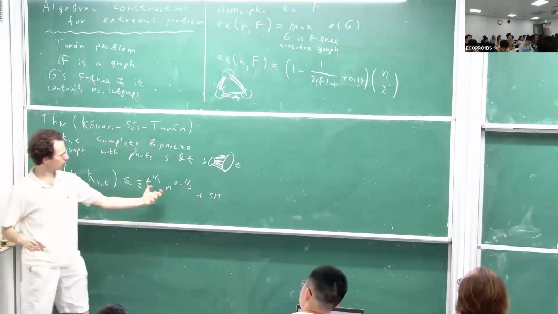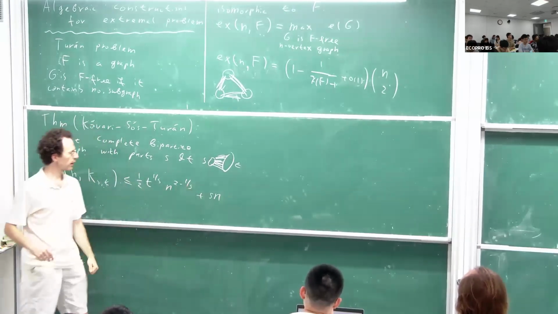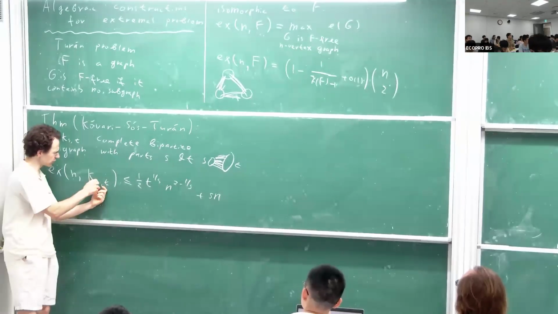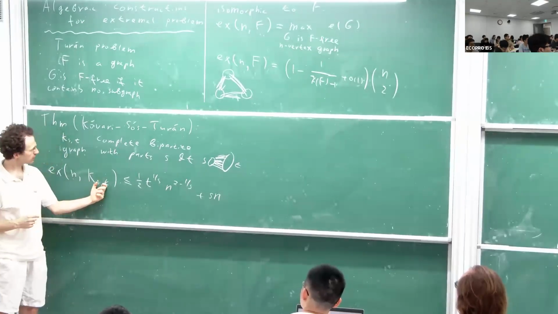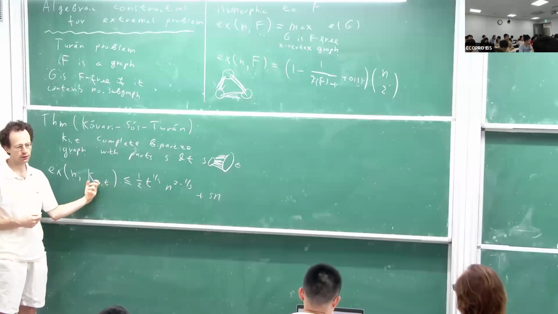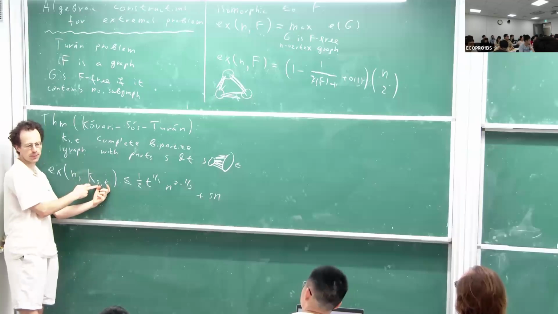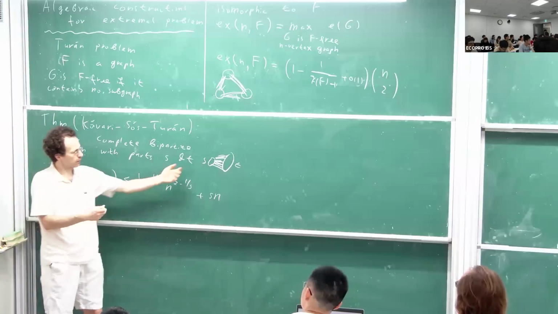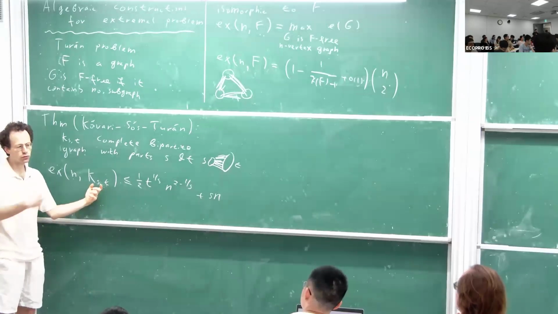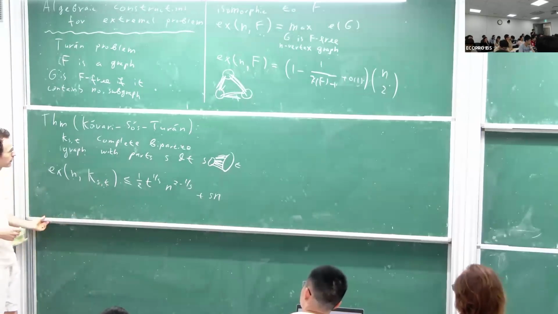What's important is that the exponent drops, it becomes 2 minus 1 over s. Why am I focusing on the complete bipartite graphs? Because every bipartite graph is contained in some complete bipartite graph. So once you can find a copy of a complete bipartite graph, you can find a copy of any subgraph of it, and therefore this transfers the bound immediately to any bipartite graph.